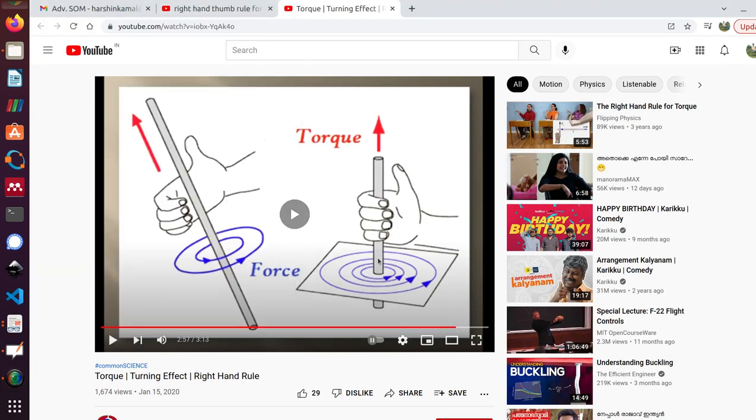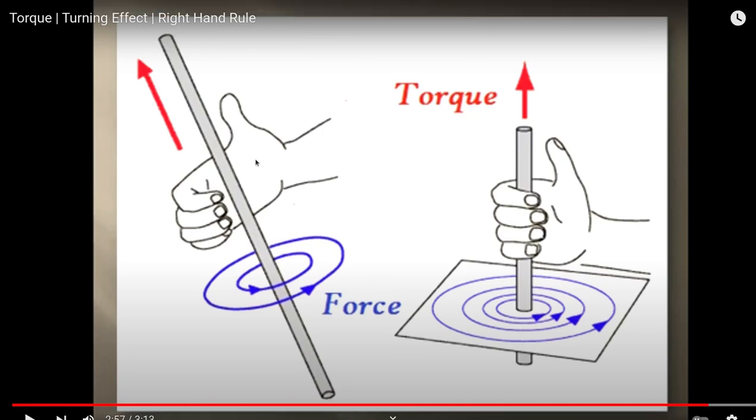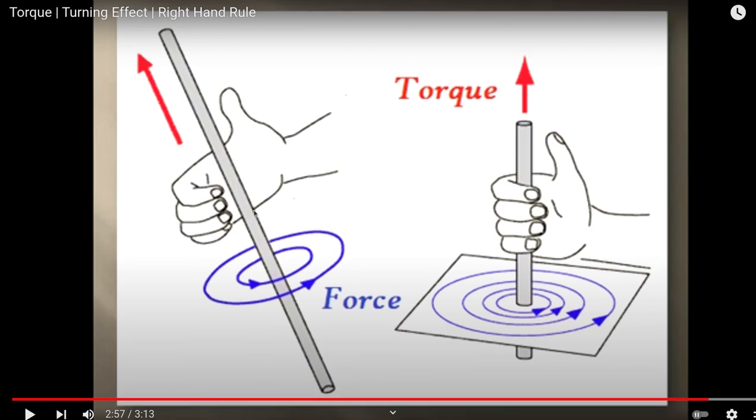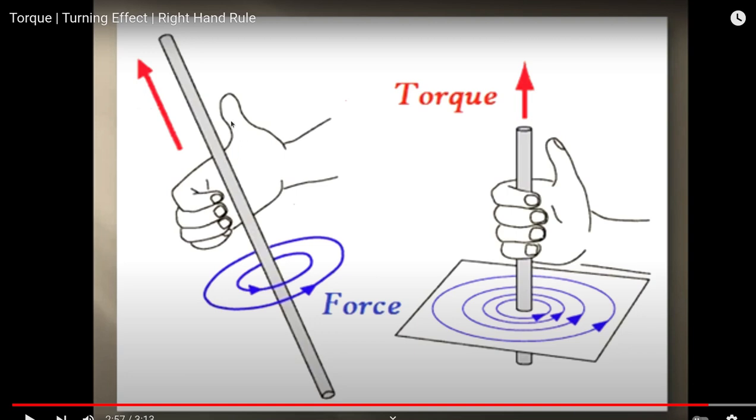So this particular picture, when you apply torque, torque is essentially the moment of force, and if you try to rotate this bar which is fixed on the other side, you will be applying a force in the direction of your curled fingers, and torque is said to have the direction which is shown by your thumb.